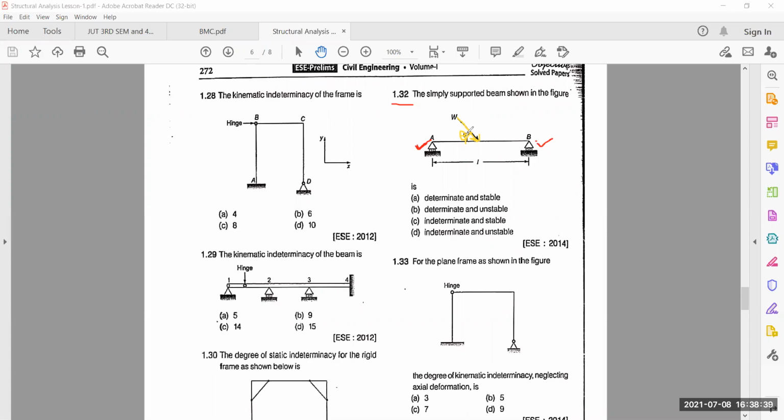What is the right answer? A, B, C, D. What is the right answer?